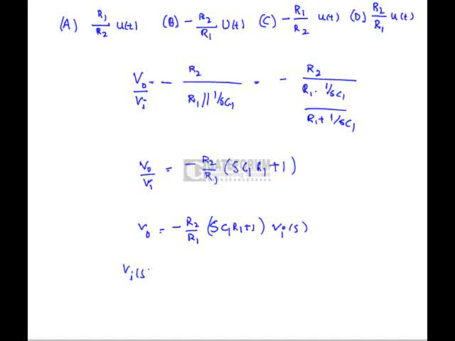Here Vi of S is nothing but 1 by S minus 1 by S plus alpha. Alpha is 1 by R1 C1.